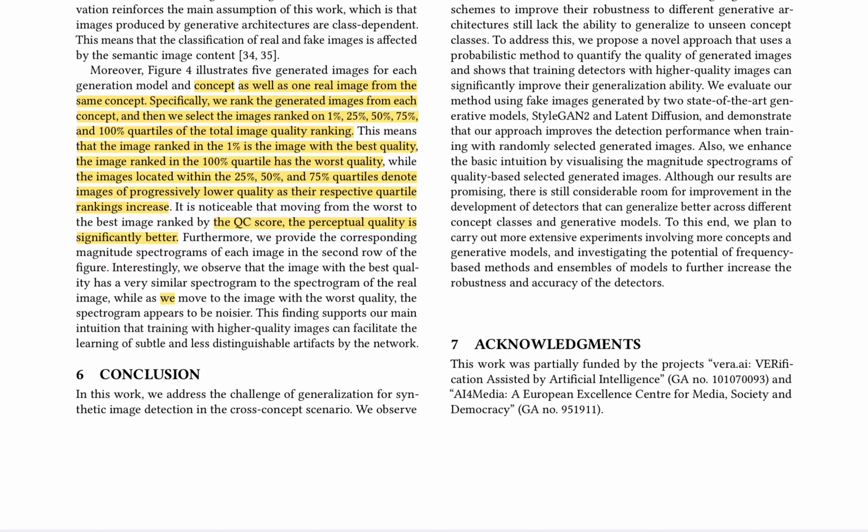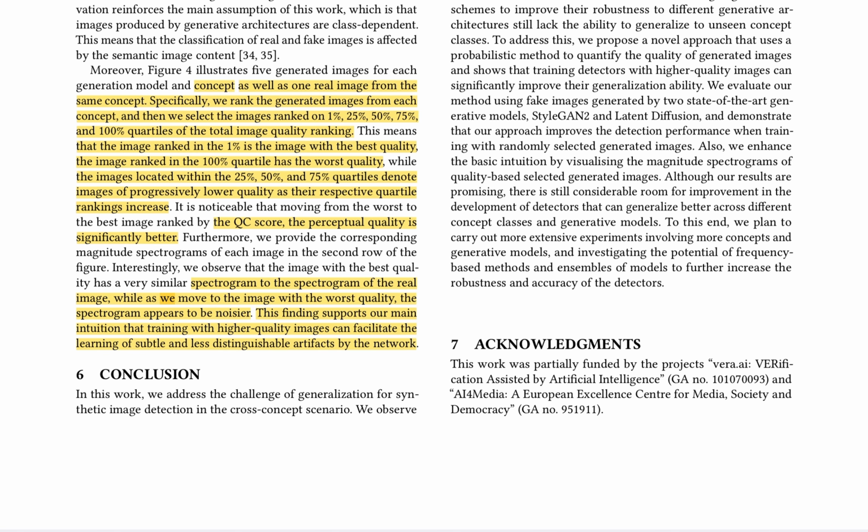Interestingly, we observed that the image with the best quality has a very similar spectrogram to the spectrogram of the real image. While we move to the image with the worst quality, the spectrogram appears noisier, as it's quite evident. This finding supports our main intuition that training with higher quality images can facilitate the learning of the subtle and less distinguishable artifacts of the network.